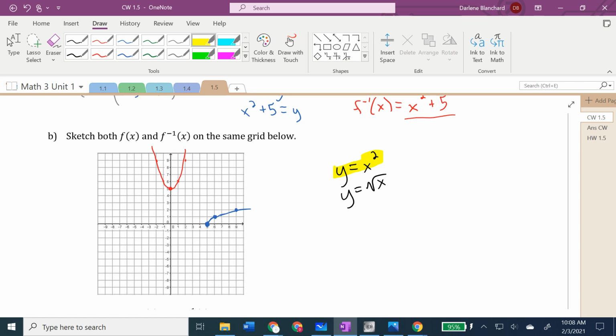Yesterday, I started you off with the parabola, and we came up with the inverse function. We actually first restricted the domain of the x squared function, and then we found the inverse and learned how to do that.